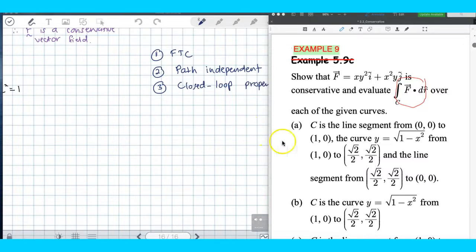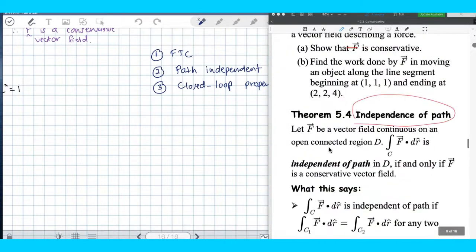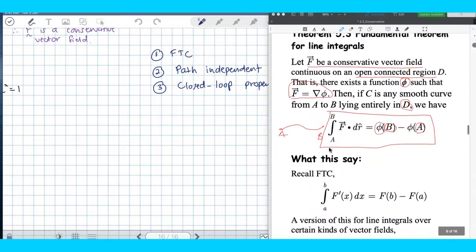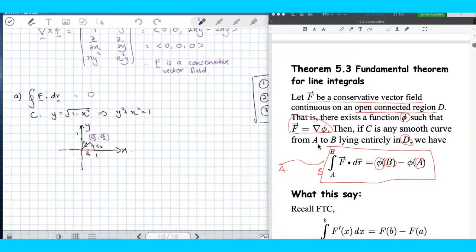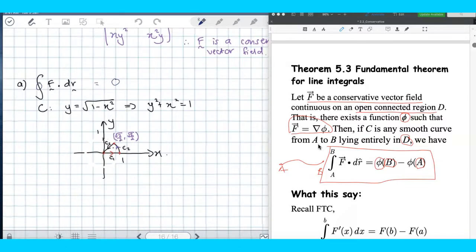Okay, what else? Closed loop property, path independence, and fundamental theorem. So only 3. So this is only applicable if your f is a conservative vector field. Okay, so now based on question A here, since it is a closed loop, then we can apply the closed loop property since f is a conservative vector field.